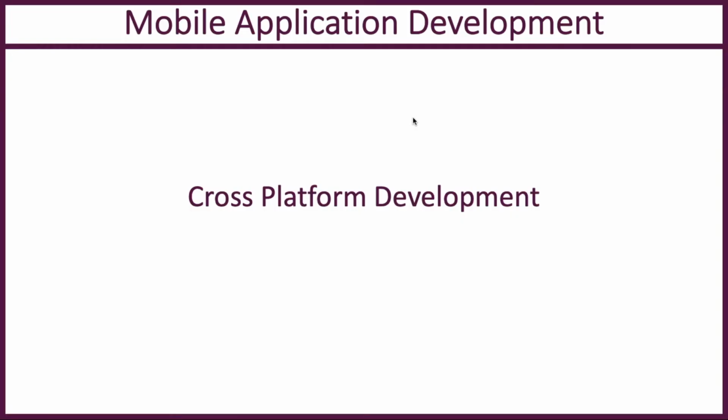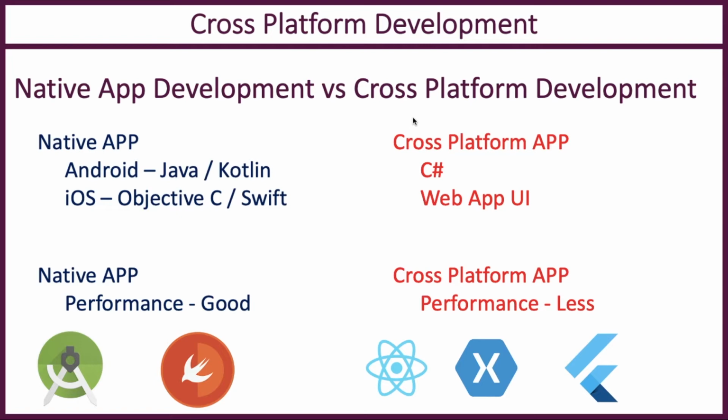Now we'll discuss these two different approaches for application development: native application development and cross-platform development. In native application, you have to use the programming language either Java or Kotlin for developing Android applications, and Objective C or Swift for iOS development. In the same way in cross-platform, in case of Xamarin, you will use C Sharp.